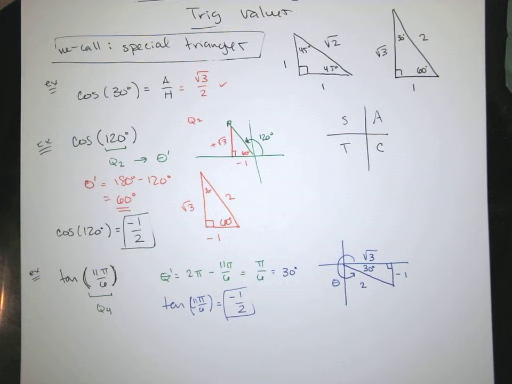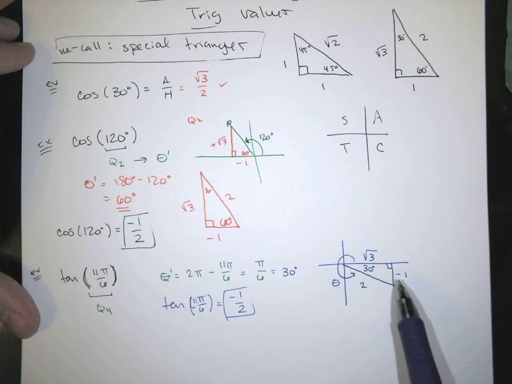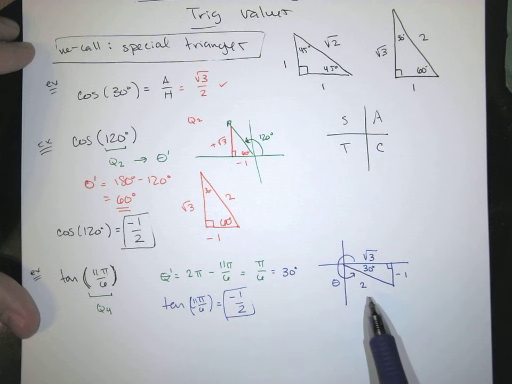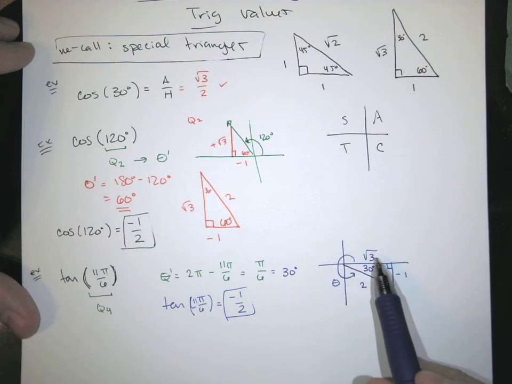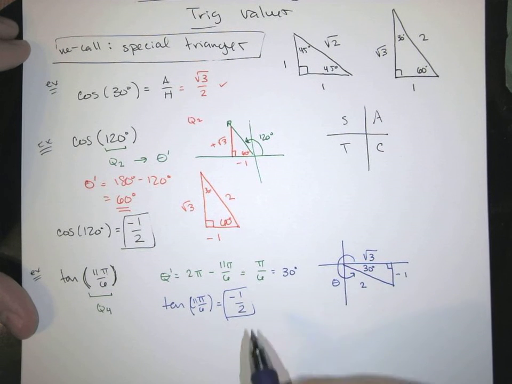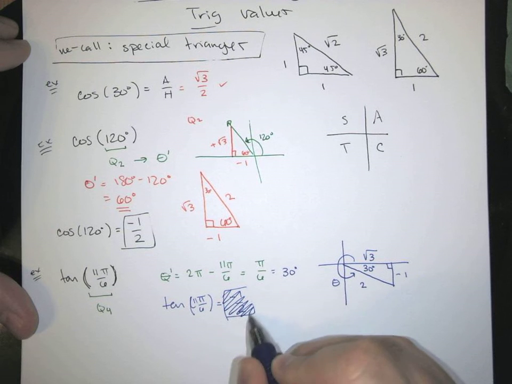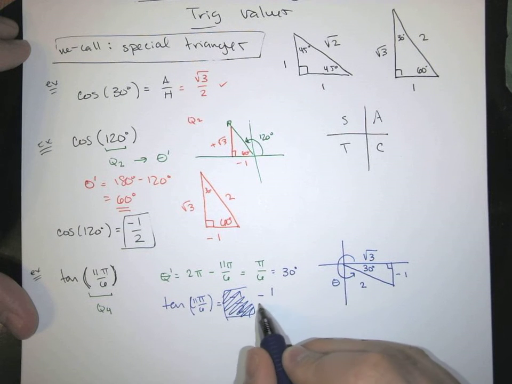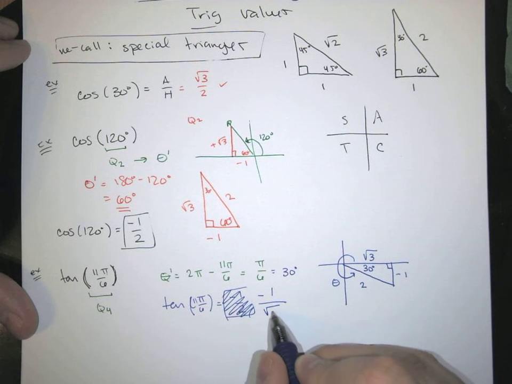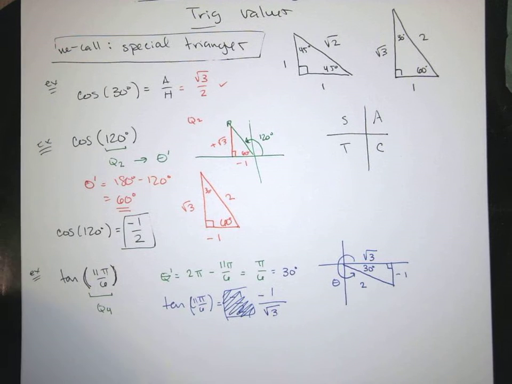Oh, what did I just say? Tangent is not opposite over hypotenuse. I spoke too soon. Tangent is supposed to be the opposite over the adjacent. So this shouldn't be negative 1 over 2. That's my fault. This is the opposite over the adjacent: negative 1 over root 3.